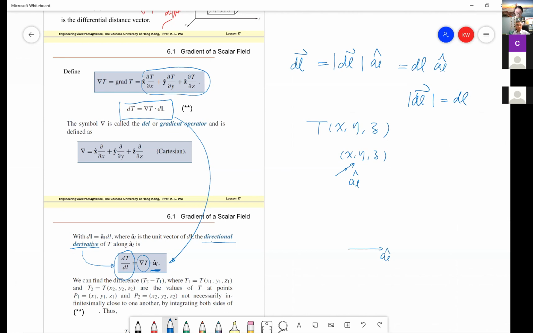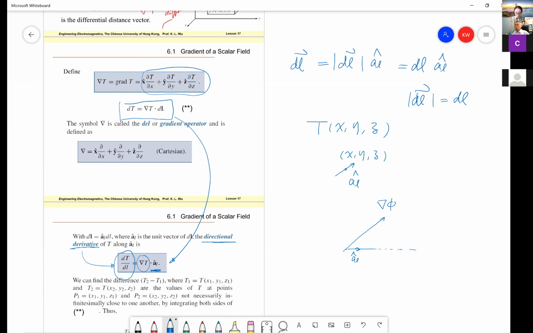For example, if this is my direction of L, then because this is delta phi, let me show this vector. This is a unit vector, so I just write it like a unit vector.